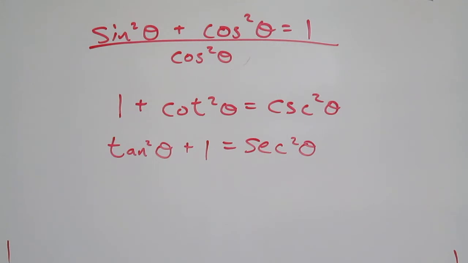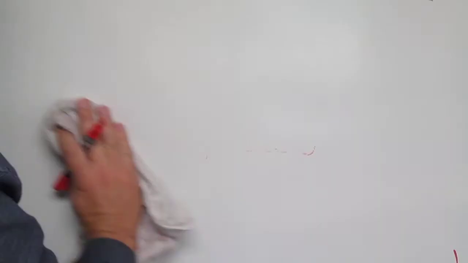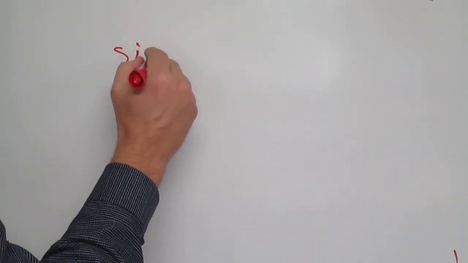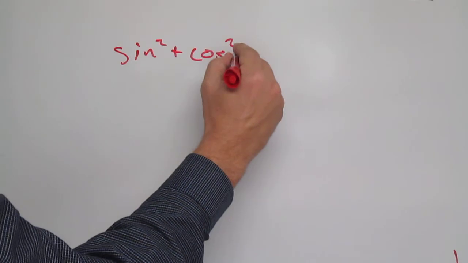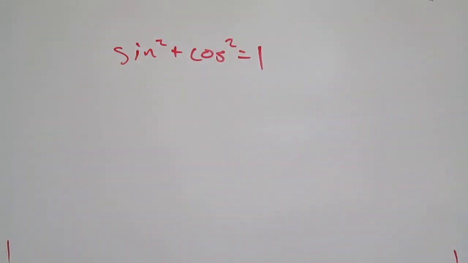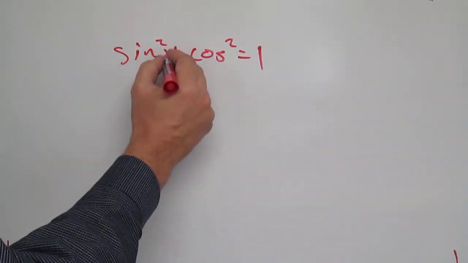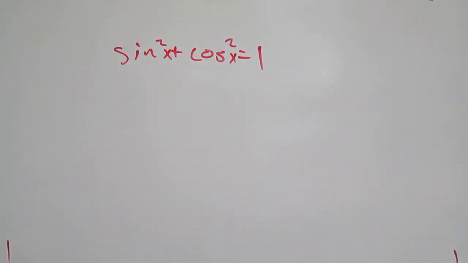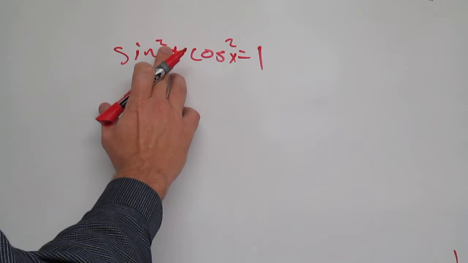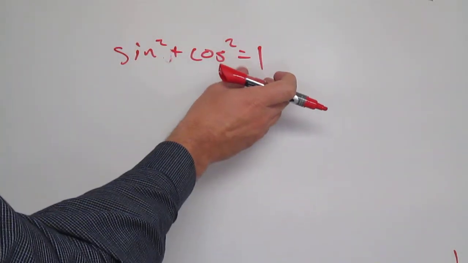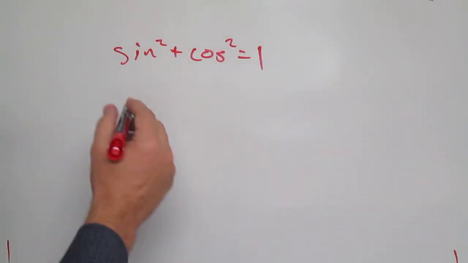On the board in class, sometimes you'll notice I'll totally even leave out the angles. The angle is important, but a lot of times I'll just write it as sine squared plus cosine squared equals 1. I should always include the angle. You should always include the angle, whether it's an x or a theta, because it has to be the same angle. But a lot of times, if I'm just trying to figure things out, I'll leave it like that and then say, oh, divide everything through by sine squared.